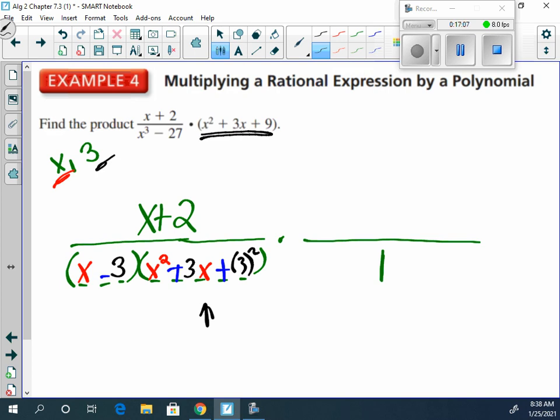Wait a minute. Is that what that is there? Those are the same, yes? So is x squared plus 3x plus 9 factorable? Well, no, right? Those aren't factorable. So would I even want to factor it? Well, no, it already matches up with what's on bottom, yes?